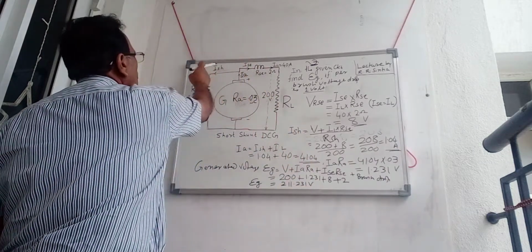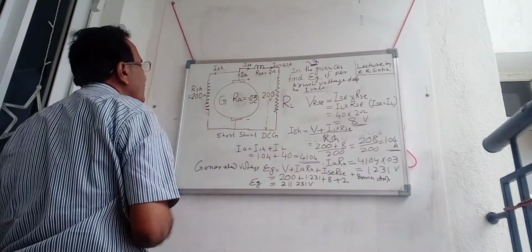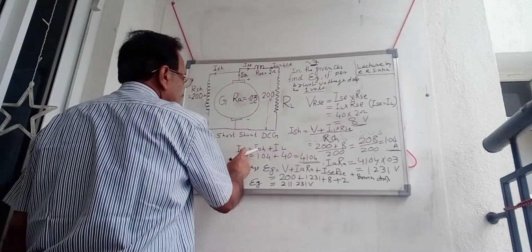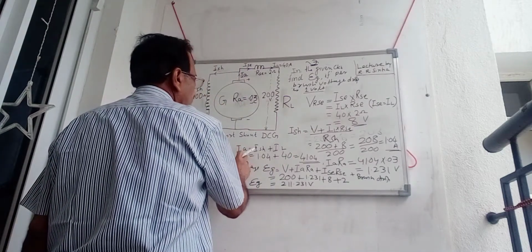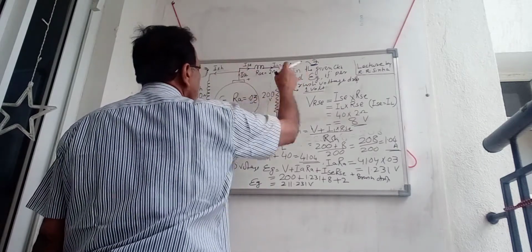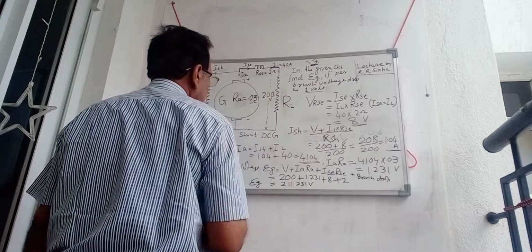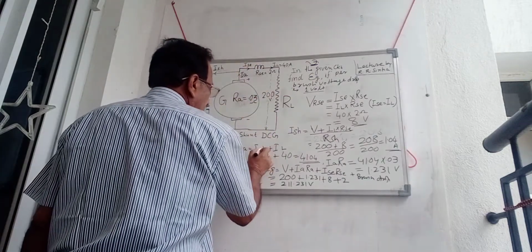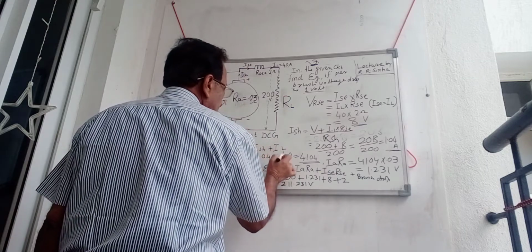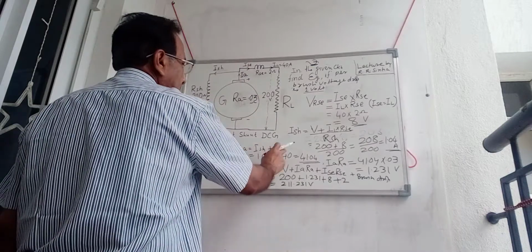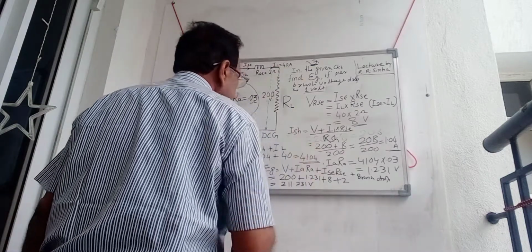Shunt current is 1.04 ampere. Now find the armature current IA. IA is equal to ISH plus IL. ISH is 1.04, IL is 40. This is 41.04. Armature current is 41.04.